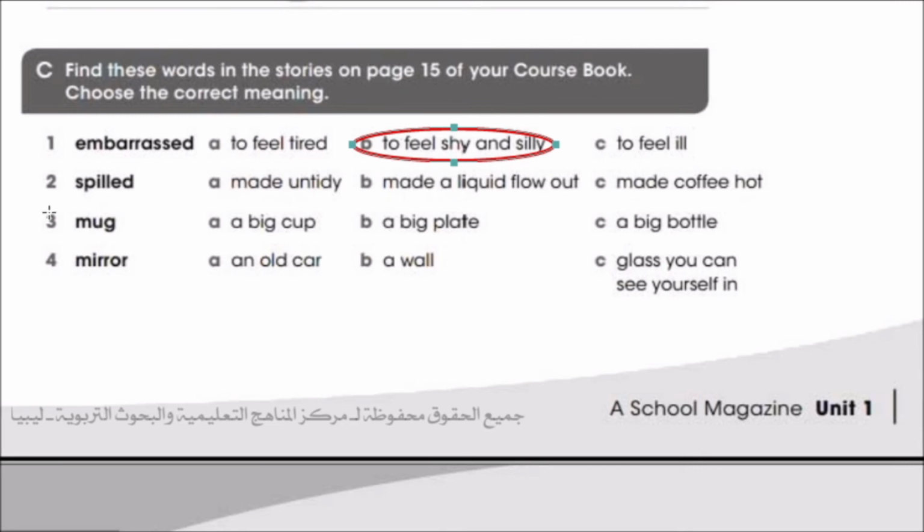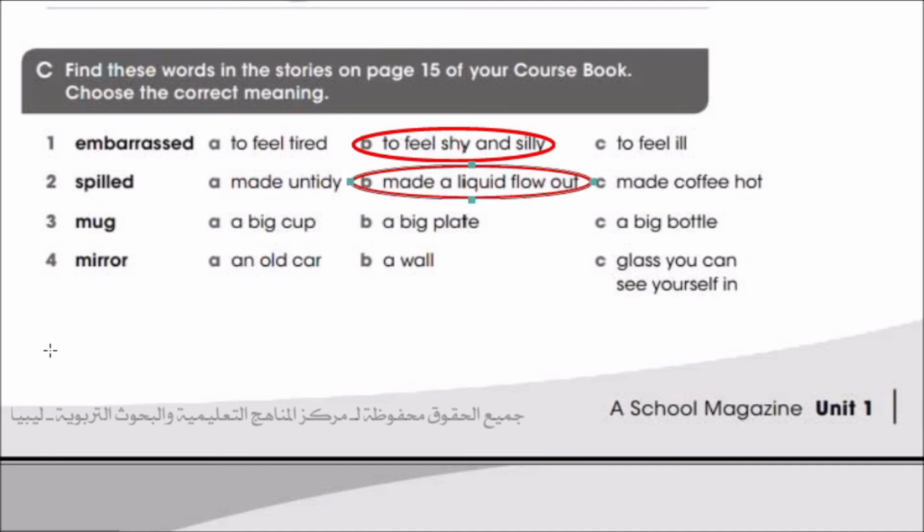Number 2. Spilled. A. Made untidy. B. Made a liquid flow out. C. Made coffee hot. Which one do you think it is? Very good. Made a liquid flow out. Good job.